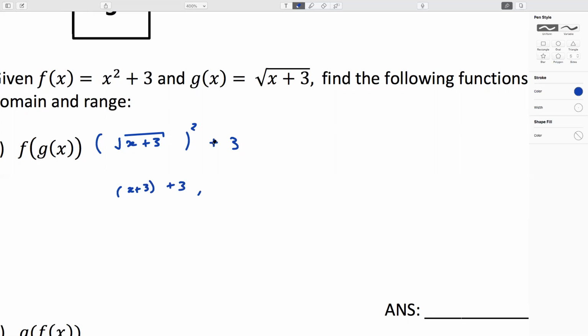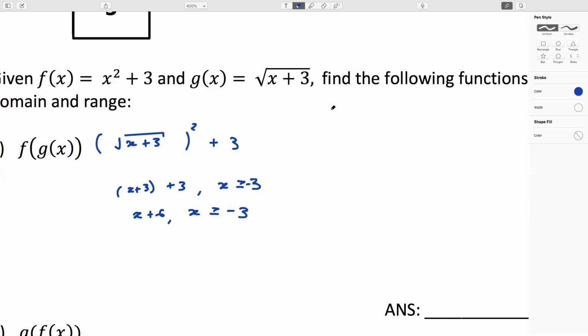We need to keep in mind that x had a restriction that it's greater than or equal to -3. And we can go ahead, we can finish this problem off. X plus 3 plus 3 is going to be x plus 6, given that x is greater than or equal to -3.